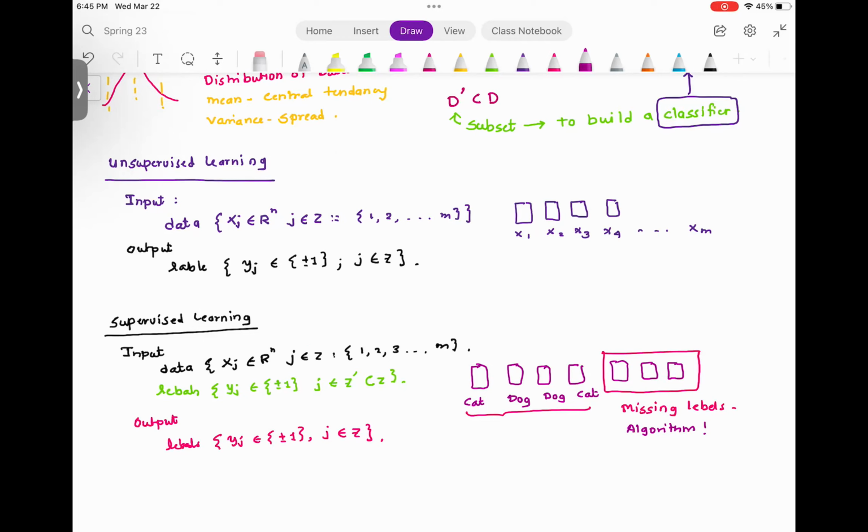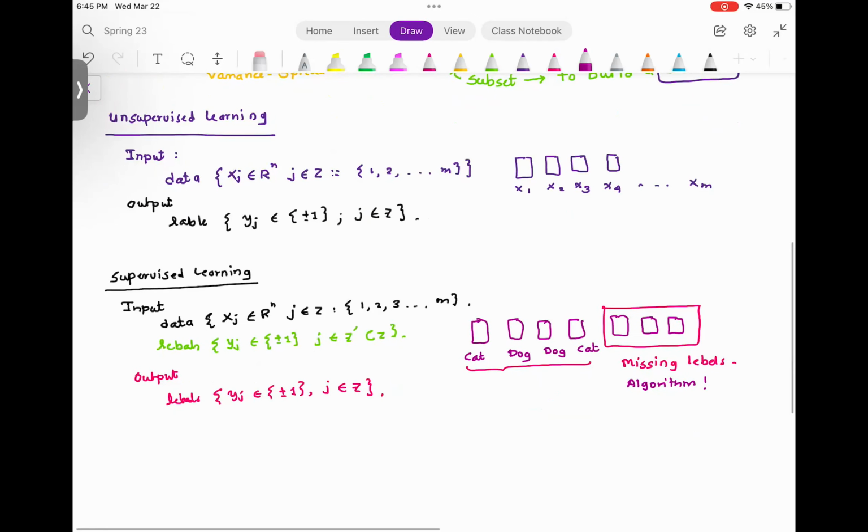So for an example, you can have a data set that can be represented as a supervised learning problem, or it can be represented as an unsupervised learning problem. For an example, we talked about the different types of flowers. I could give a data set, and the data set could have features.